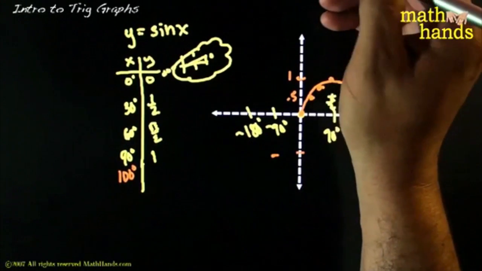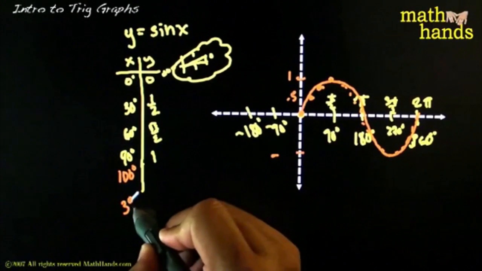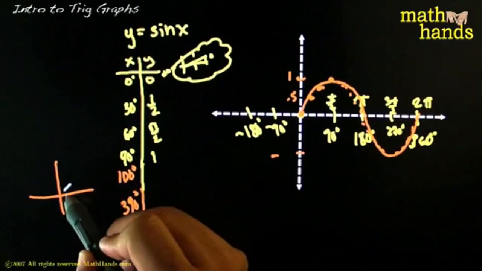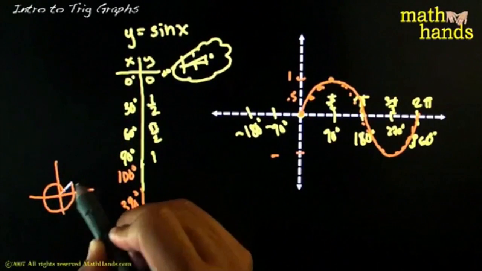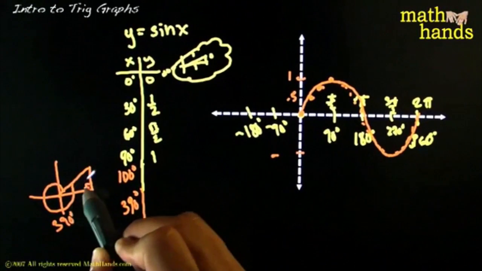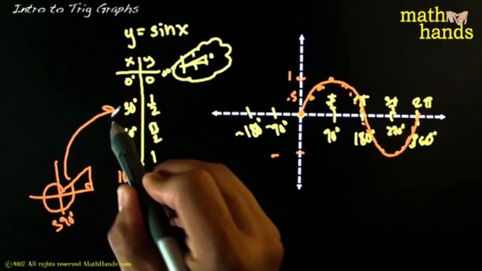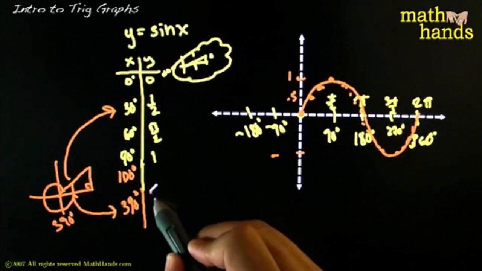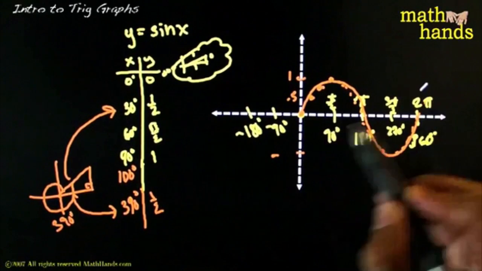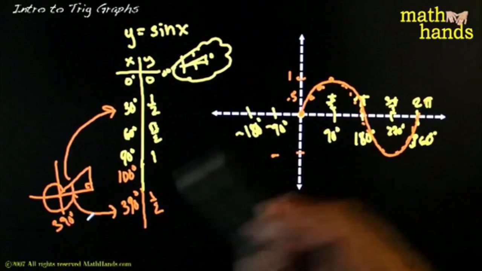For example, suppose we plotted 390. At 390, you would go all the way around 360 and go again 30. This would be your reference triangle for 390. And it would end up being exactly the same ratio as the one for 30 degrees, so you get exactly the same y value, 1/2. So every one of these values would start getting repeated again.